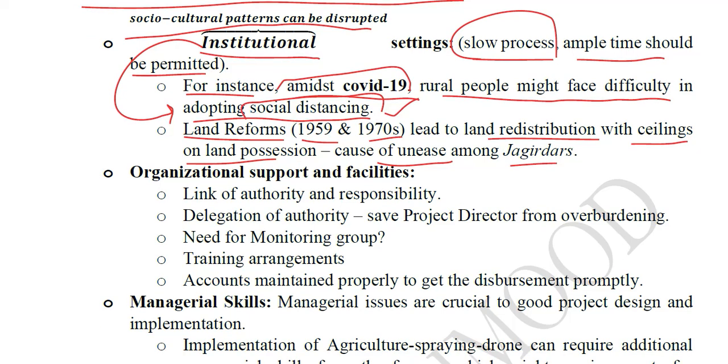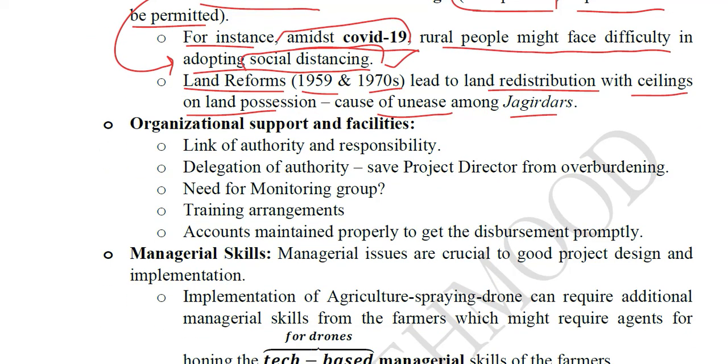So there are institutional factors and there are organizational factors that need to be considered, in which we talk about the support and the facilities. For example, the link of authority and responsibility: who will be the authority and what will be the responsibilities of the authority. The delegation of authority: to whom the authority will be given and how it can be transferred to another level, that is the lower level.